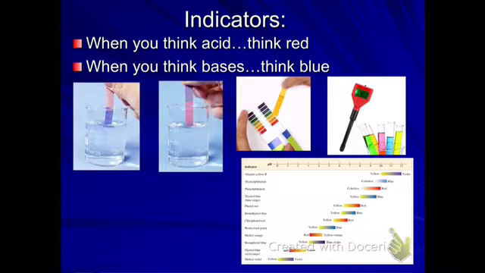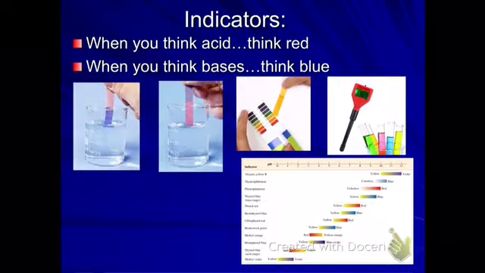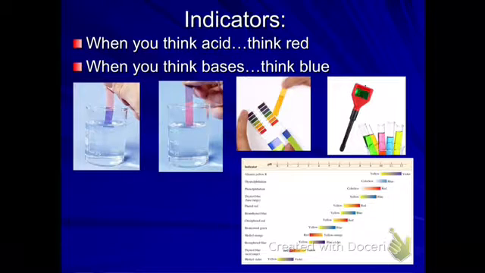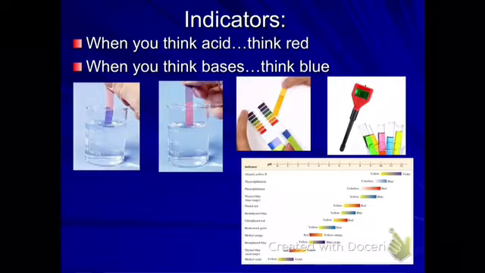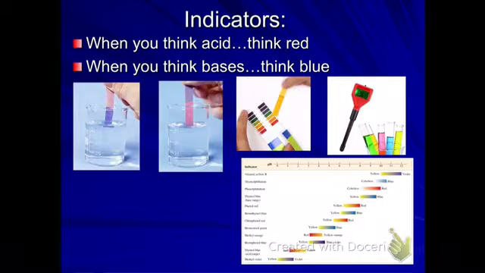So from now on, when you think about the color blue, I want you to think blue for base, BB, blue base, basic blue. So the solution in the far left image is a base. In the next solution over, he is holding a blue strip, and then as it's dipped down into the solution, it turns red. So when you think of an acid, I want you to think about the color red.